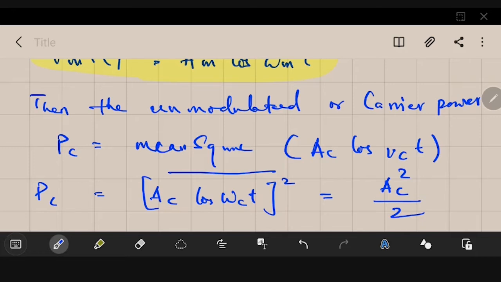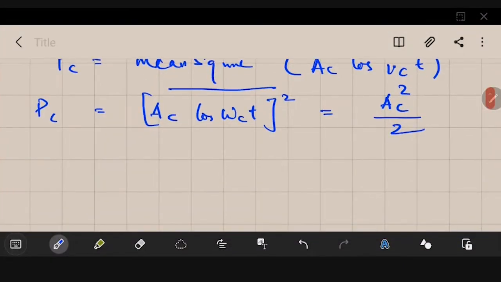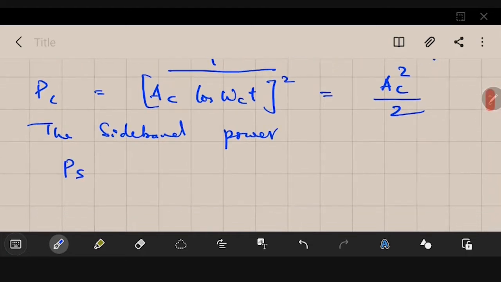Okay. The next thing that we will be doing is we will be evaluating the sideband power. So let us evaluate that. The sideband power is denoted by Ps, and we know that Ps is equal to half of the mean square value of Vm of t. So half of mean square value of Vm of t.